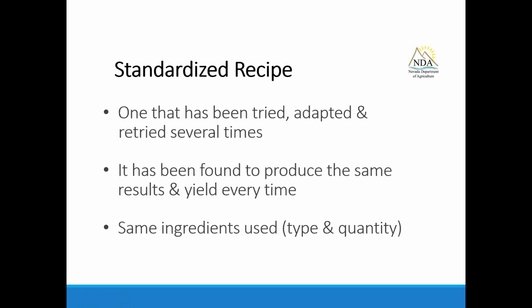So a standardized recipe is one that has been tried, adapted, and retried several times. It's been found to produce the same results and yield every time. With that, you will need to use the same ingredients, both the type and the quantity.